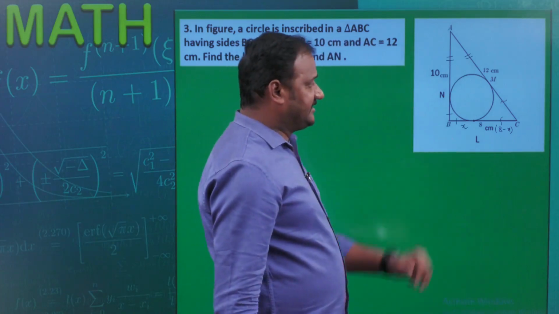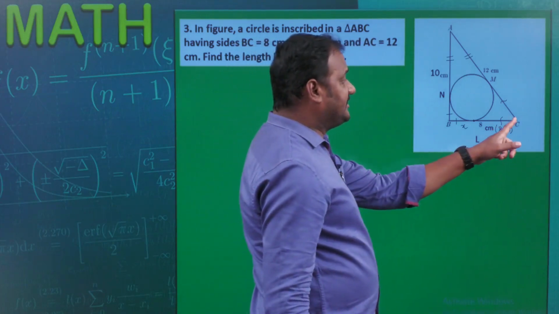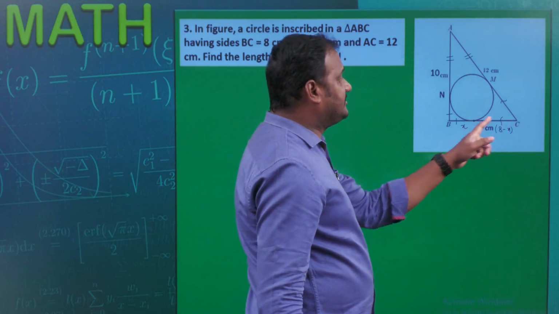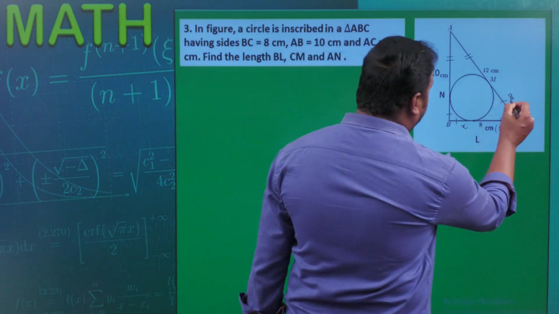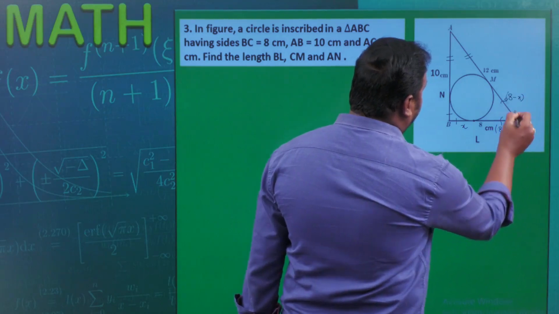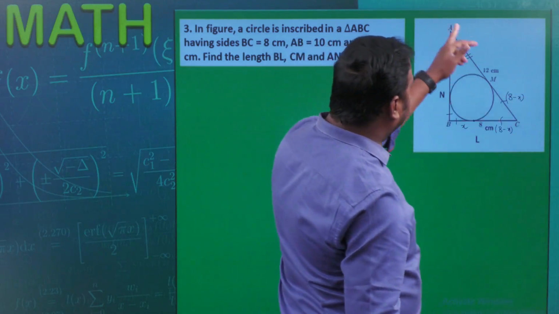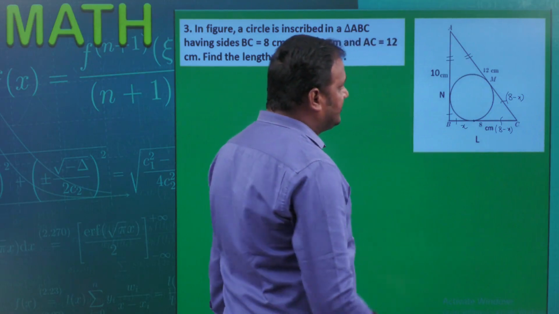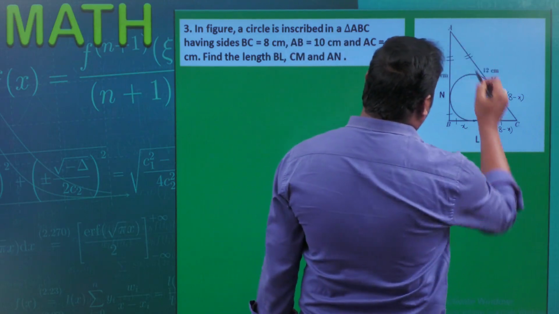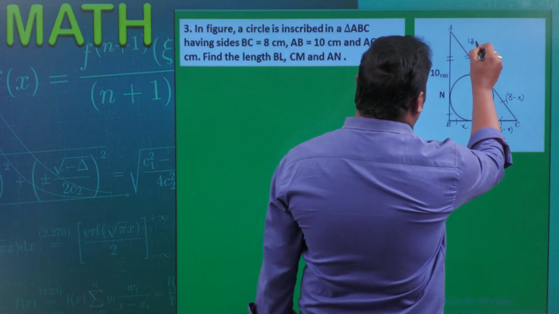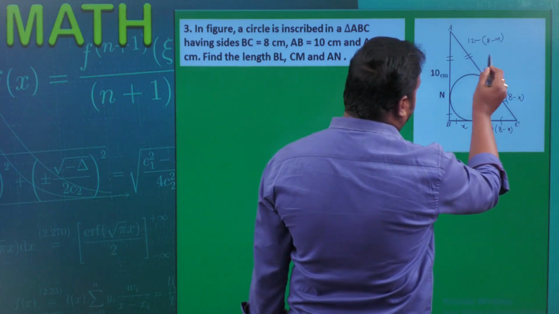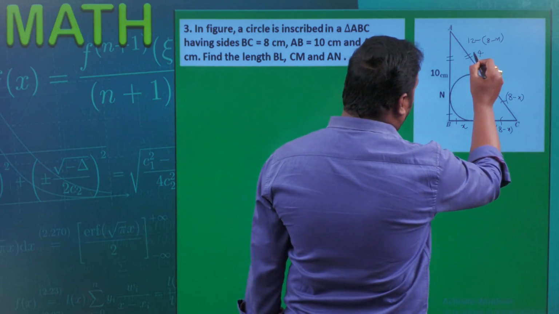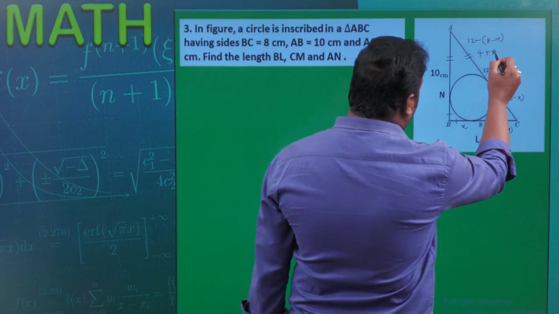If that is 8 minus x, and C is an external point, so CL is equal to CM. They are also equal. Since it is 8 minus x, this one is also 8 minus x. And the total length of CA is equal to 12 centimeters. Then MA is going to be 12 minus (8 minus x). What is 12 minus (8 minus x)? 12 minus 8 is equal to 4. Minus of minus is equal to plus x.